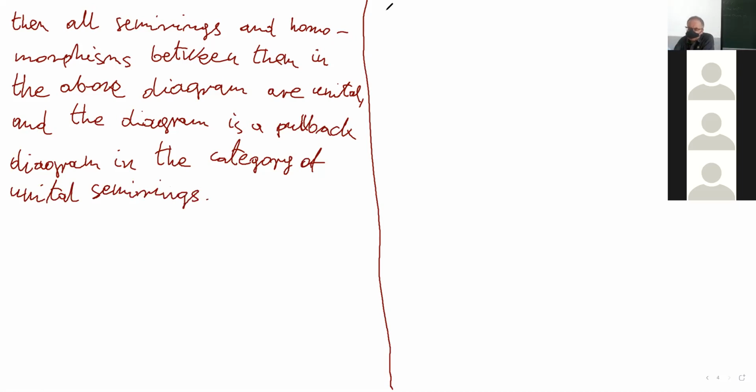Okay, and on the path algebra side, we say that then all algebras are unital. Oh, sorry, all algebras and homomorphisms between them. I'm too quickly jumping to a conclusion.